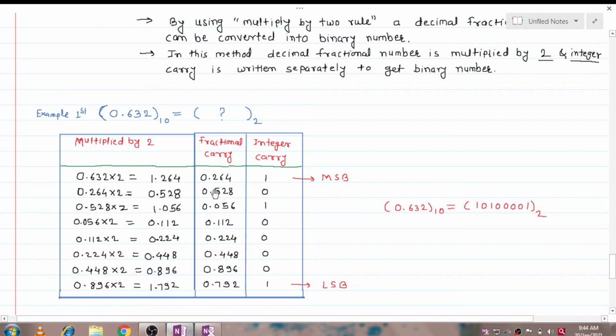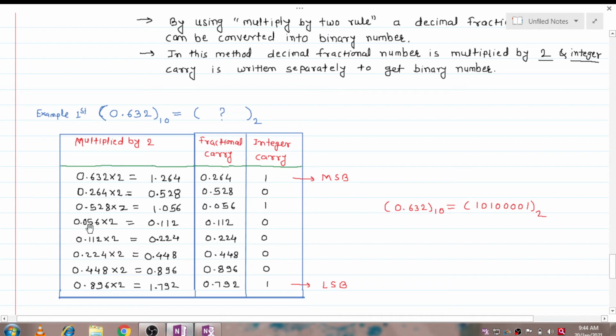This 0.528 is the fractional carry, and the integer carry is 0. Then 0.528 multiplied by 2 gives 1.056. Here the fractional carry is 0.056 and the integer carry is 1.